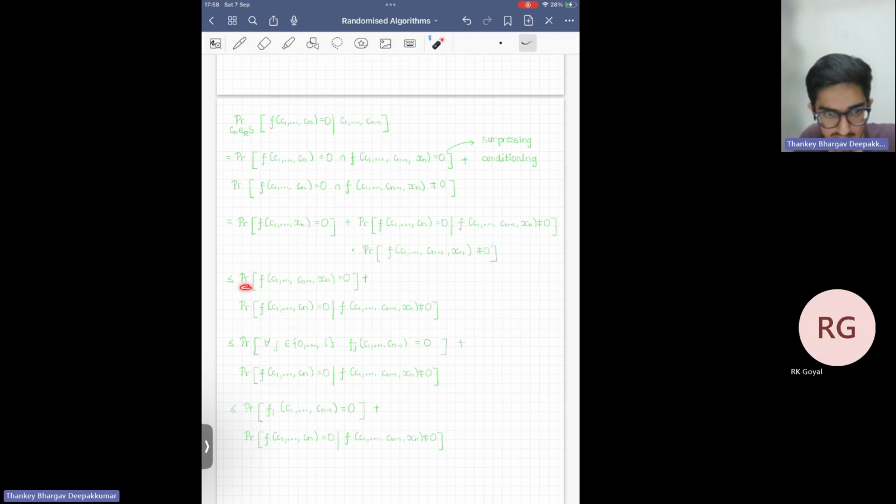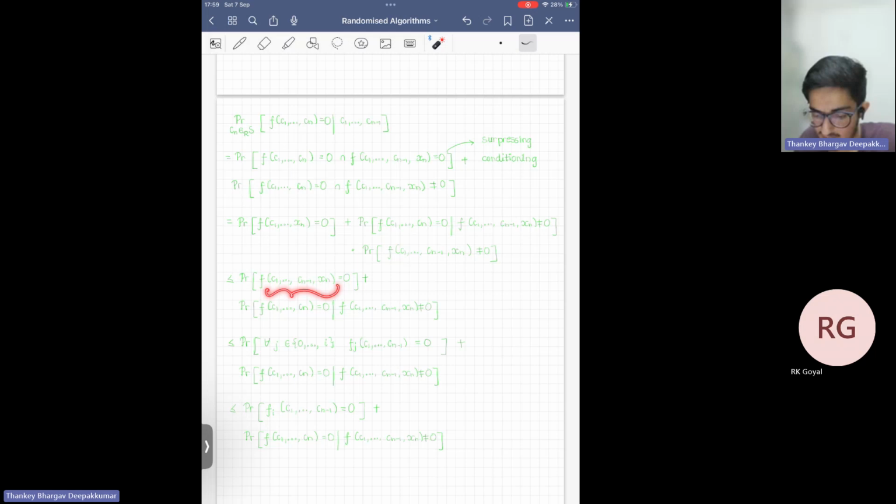There is a probability sitting outside. So I'm not saying this is 0. All I'm asking is, what is the probability of this becoming 0? So this has not become 0. All I'm saying is, with what chance can this become 0? That's what I'm interested in, right? Yes. So is this fine? Yes.